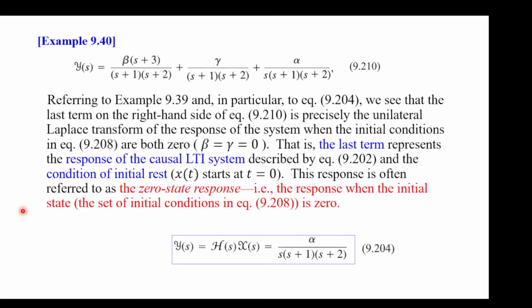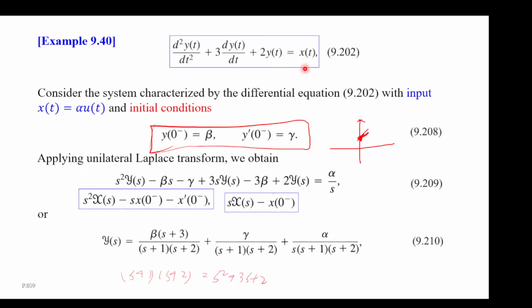Okay, so people like to give names to these things. This unilateral Laplace transform of y, you can look at as two parts. It has a part that depends on beta and gamma, plus another part that depends on alpha. Now we need to remember what alpha, beta, and gamma are. Alpha comes from your x of t, so this alpha term is proportional to your input.